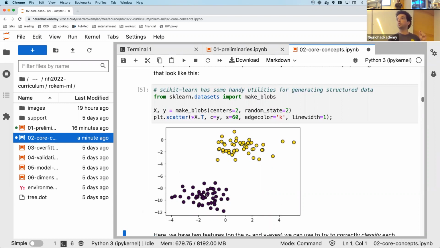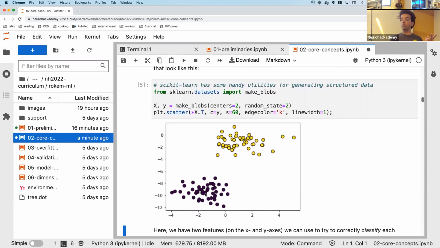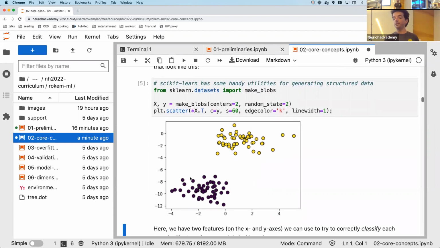So those points are colored by Y. There are 2 classes of Y, I believe 0 and 1. So 0's down here in blue, 1's up here in yellow, and each one of these points has 2 values of X. It has X in the first column and X in the second column that determine the position of these points on this chart. So the first X is here and the second X is here. So that's how that's laid out here.